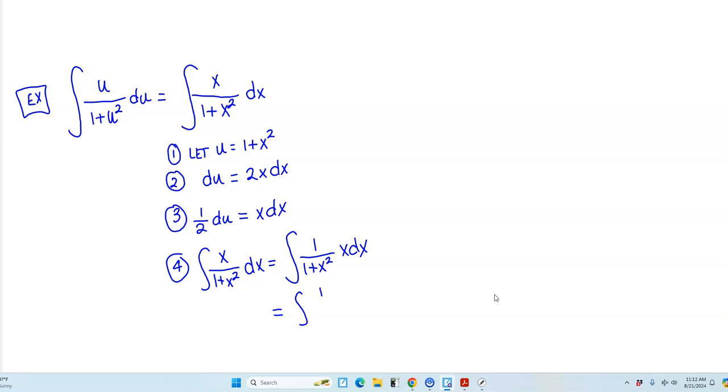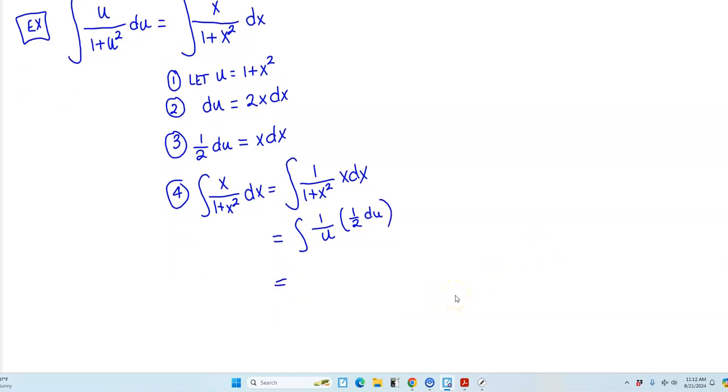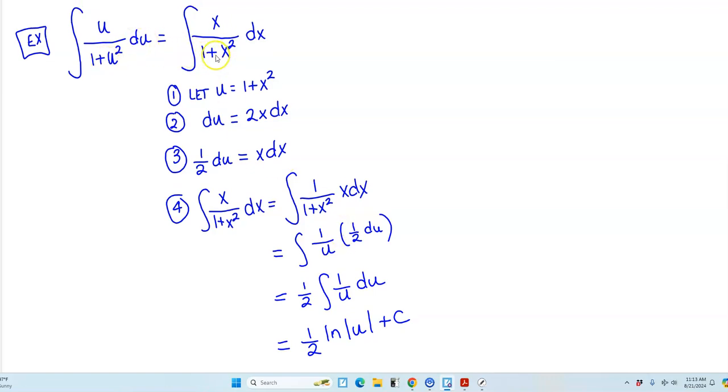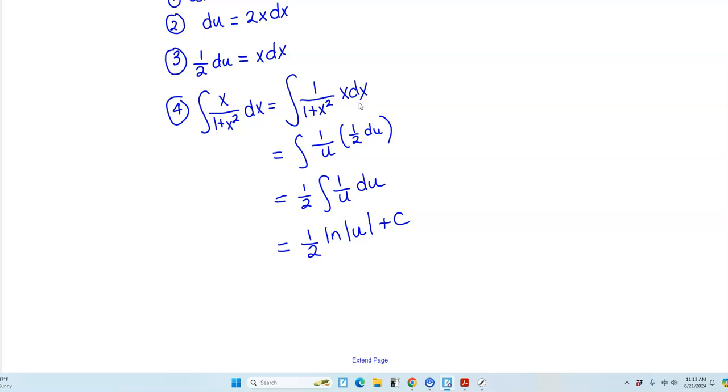We would have 1 over u times 1/2 du, and then we would get 1/2 times 1 over u du, which gives us 1/2 times the natural log of the absolute value of u plus c. Then we know that u was 1 plus x squared, so this would have been 1/2 times the natural log of 1 plus x squared plus c.